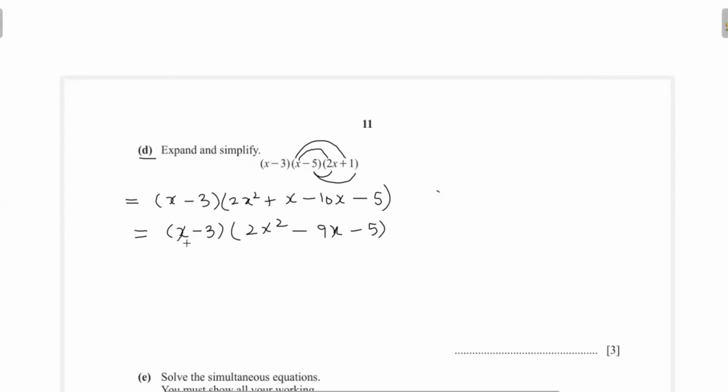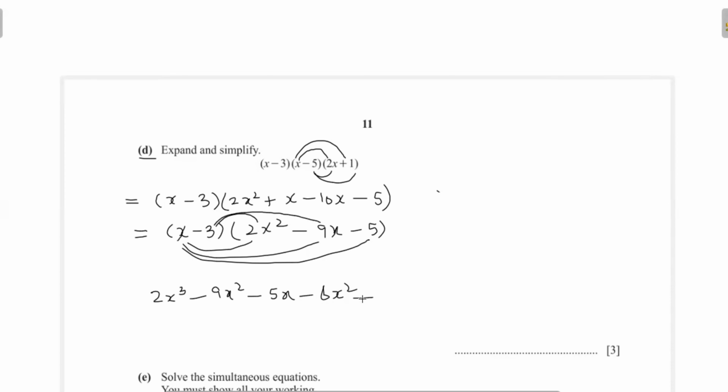Next, firstly, we multiply this second expression by x. Therefore, we get 2x cubed minus 9x squared minus 5x. Next, we multiply this minus 3 to 2x squared. This will be equal to minus 6x squared, minus 3 to minus 9x, that's equal to plus 27x, minus 3 to minus 5, plus 15.